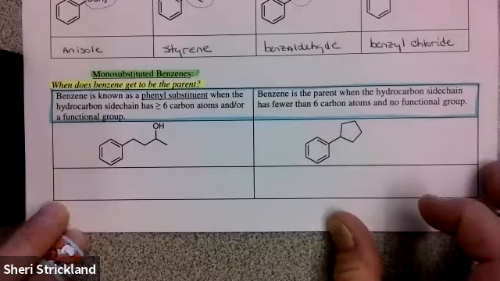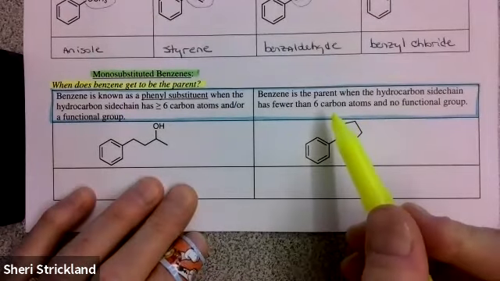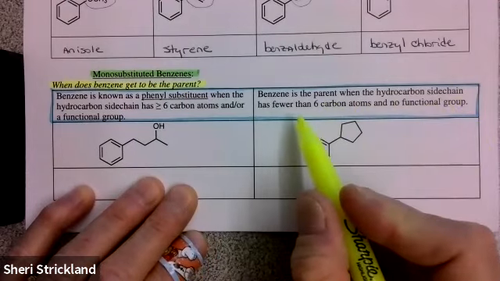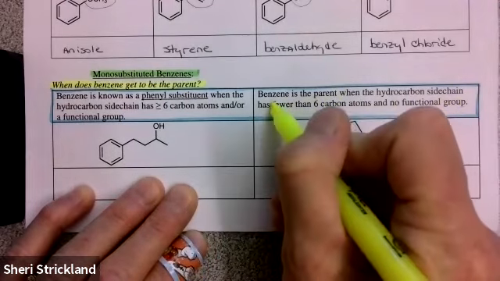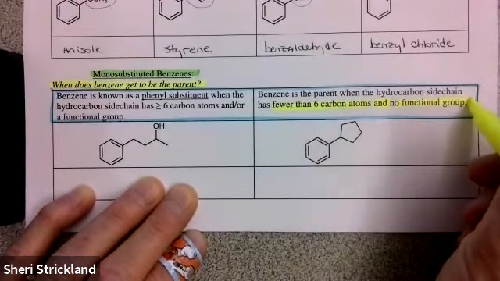when things get a little bigger and have a little more pieces to the puzzle, then we need to find out, when does benzene get to be the parent? So benzene will be the parent, and let's start over here on the right. Benzene is the parent when the hydrocarbon side chain that's attached to it has fewer than 6 carbons. Fewer than 6 carbons and no functional groups.